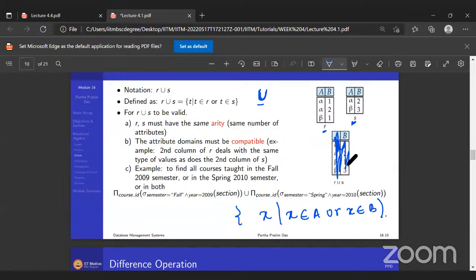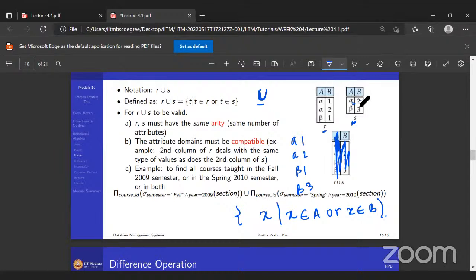Just tell me what is the output of this. All tuples will be the output. All tuples means alpha 1, alpha 2, beta 1, beta 3.